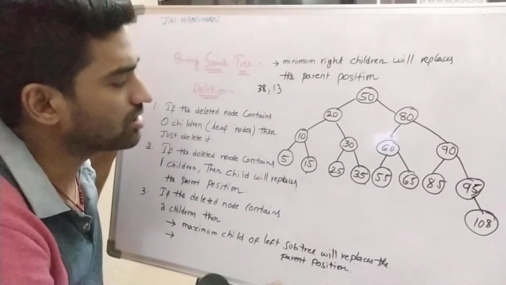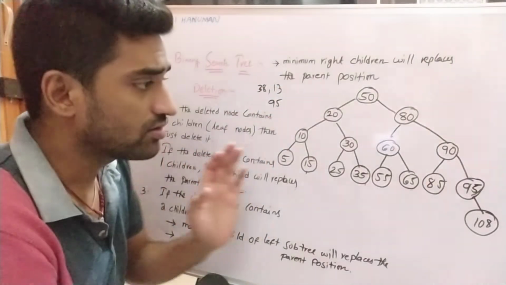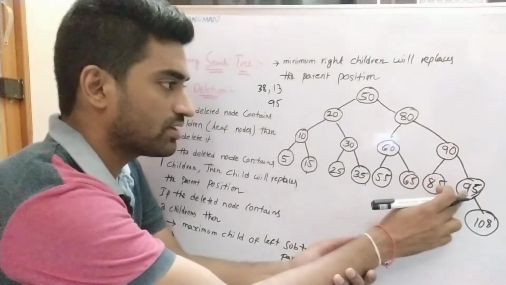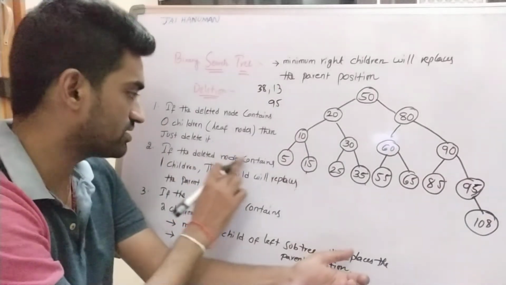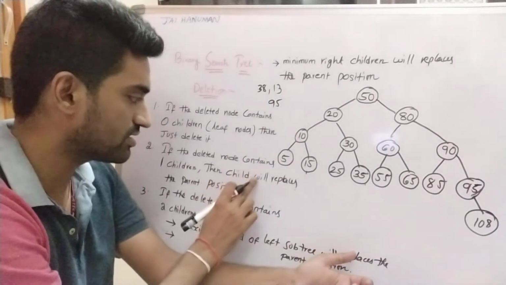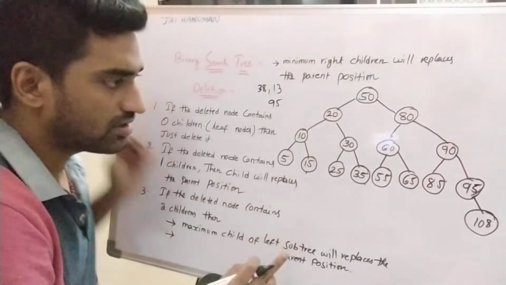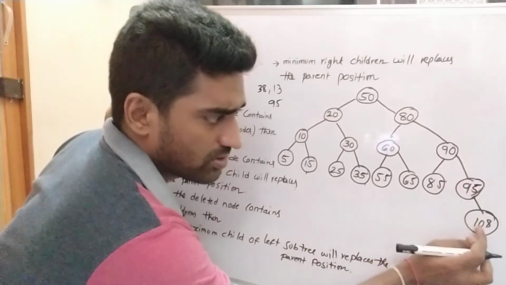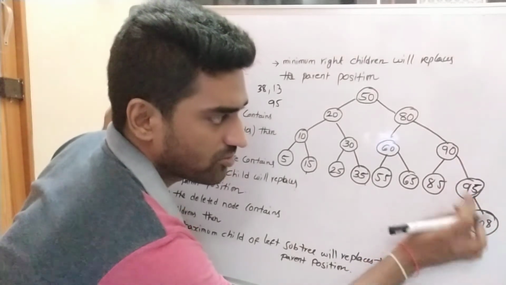Then I want to delete 95. Here the node contains only one child, so this is the second possible case. If the deleted node contains one child, then the child will replace the position of the parent. This node contains only one child, so this position is replaced by 108.